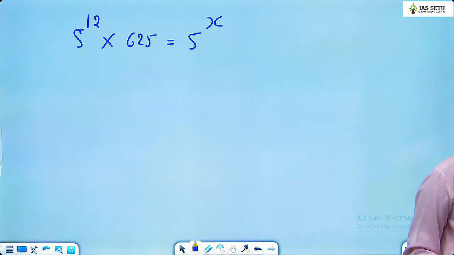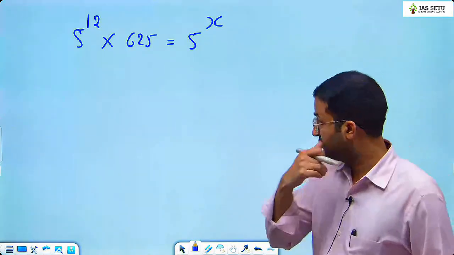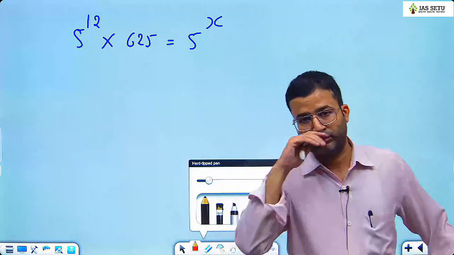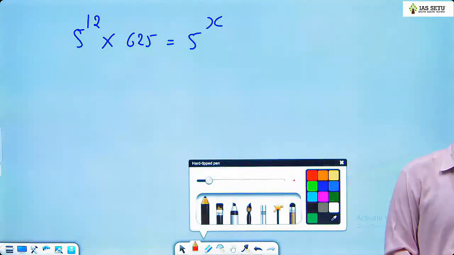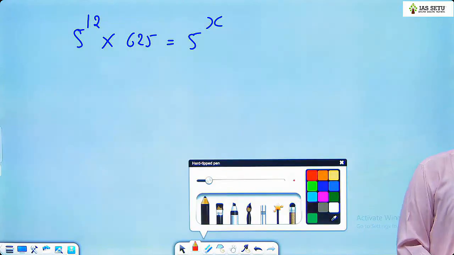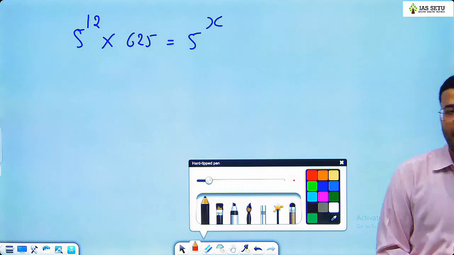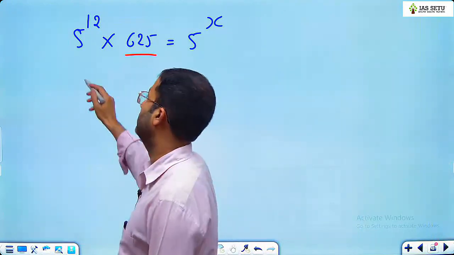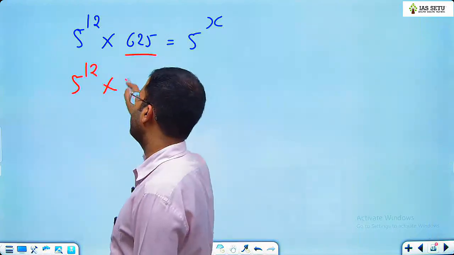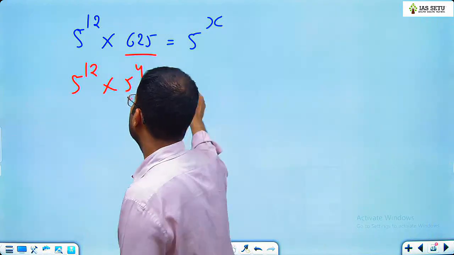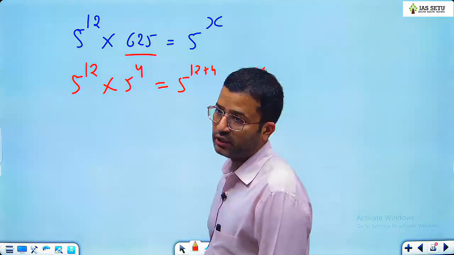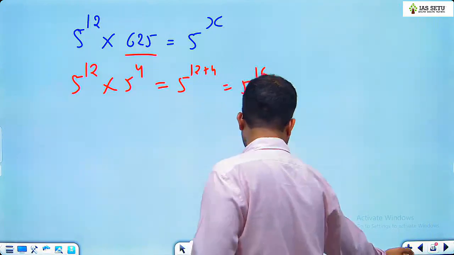Find the value of x. फिर आप कहते हो हमें CSAT लेवल का मैथ पढ़ना है. What is 625? 5 is to power 4. So 5 is to power 12 into 5 is to power 4. So it will be 5 is to power 12 plus 4, 5 is to power 16. So what is the value of x here? 16. My next question to you.